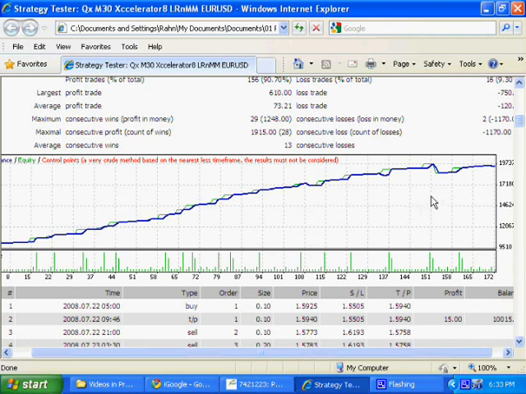There's really only one loss here that it took right there, and that loss could be either on a stop out, or it could be on a reversal.